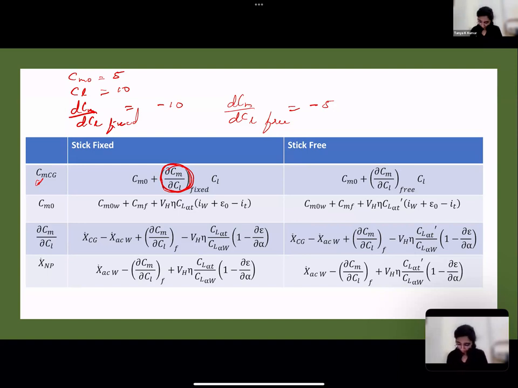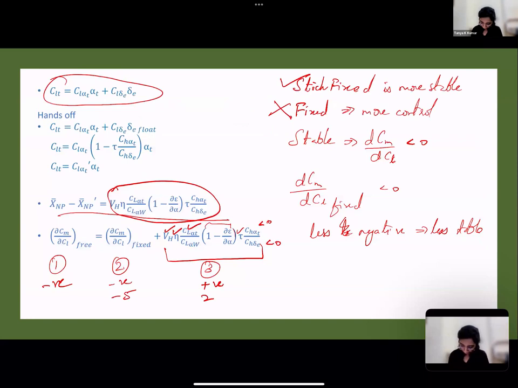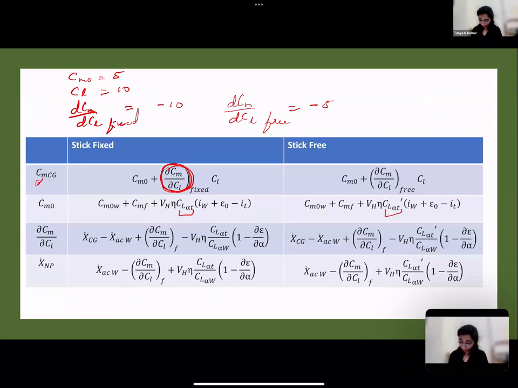CM naught, again, the only difference here is the CL alpha at the tail, which is the CL alpha prime here, which is different for the stick free case. This entire thing is CL alpha tail prime.